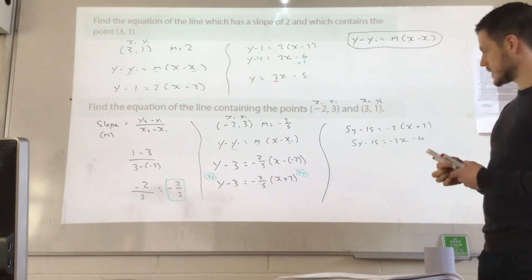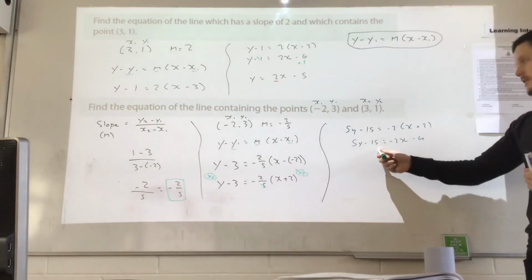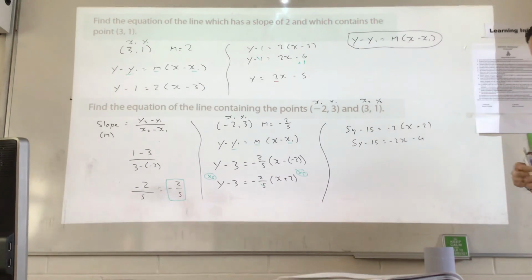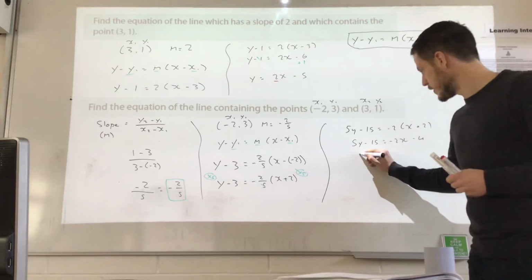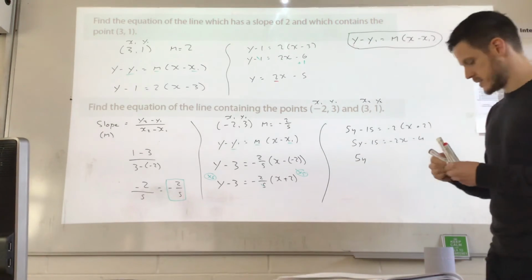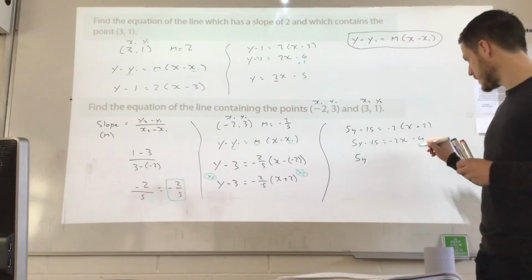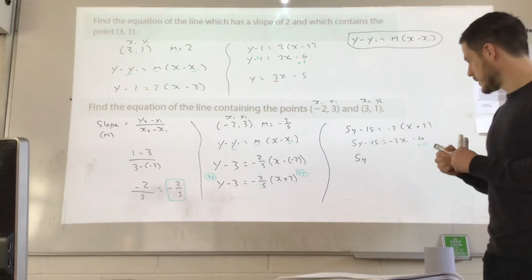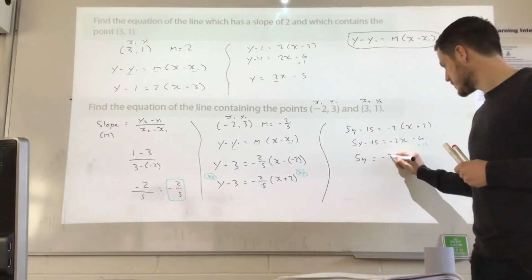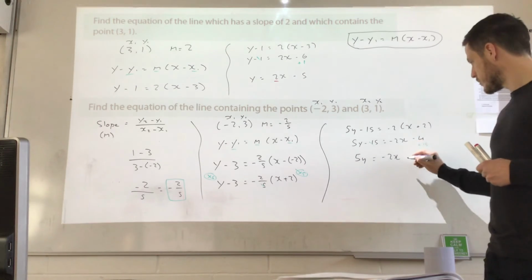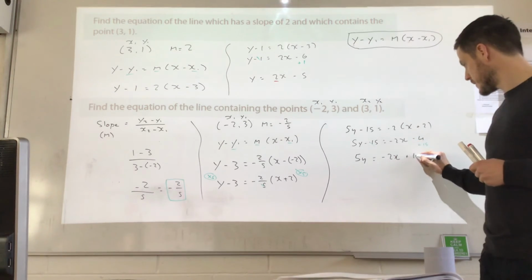I'm going to bring everything to one side, same as last time. I'm going to bring this number to the other side and leave y by itself. So I'm going to have 5y left on this side, and this minus 15 is going to become plus 15. So I'm going to have minus 2x, minus 4 plus 15 is plus 11.